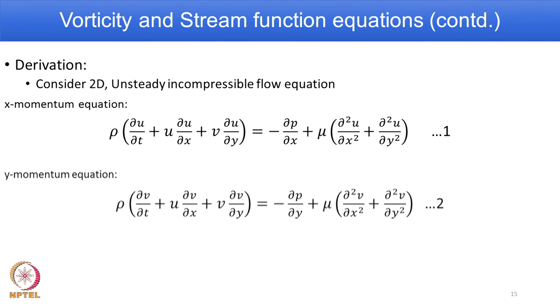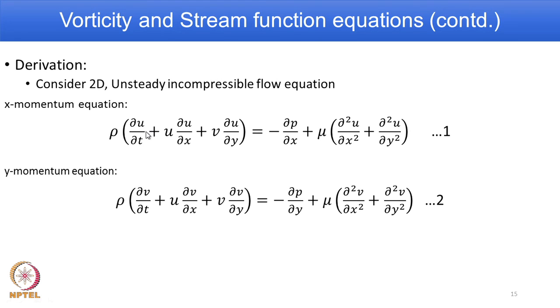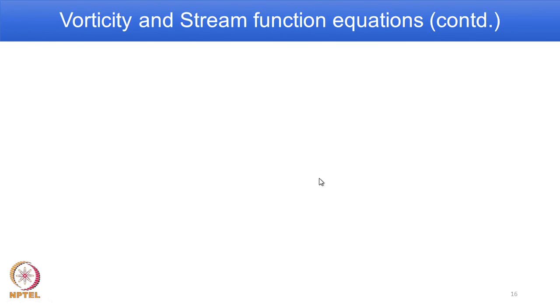They are repeated here, the x momentum equation and the y momentum equation, and the continuity equation is also written here for the sake of completeness. The x momentum equation is referred to as equation 1 and the y momentum equation as equation 2. We are going to do some manipulation from these two equations.